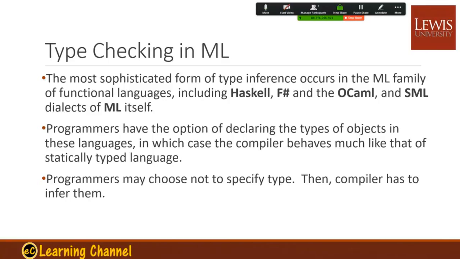Okay, you can do that, but in which case the compiler behaves much like that of a statically typed language. So that will be more or less like imperative language type declaration. And the programmer may choose not to specify the type, and that's actually what is preferred in functional programming. The compiler has to infer them.